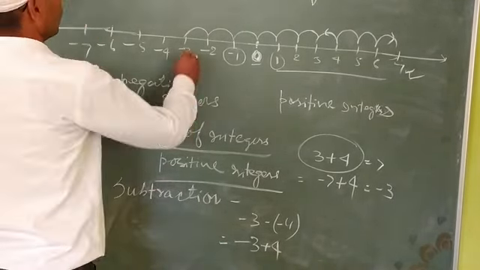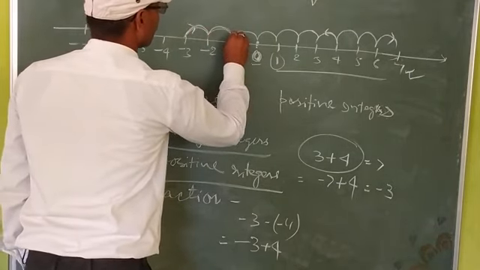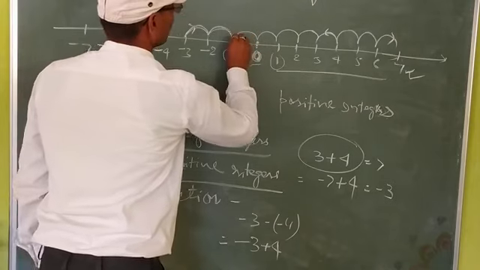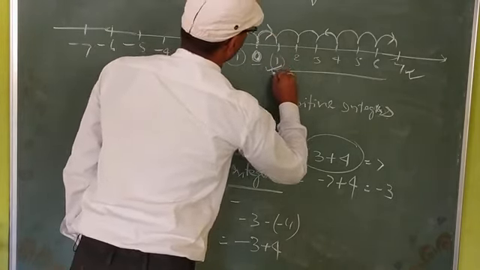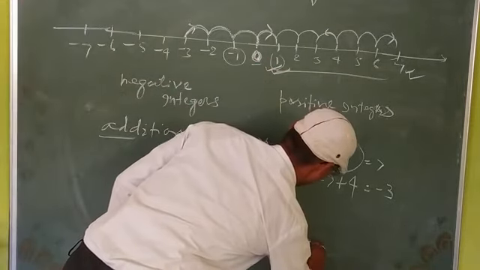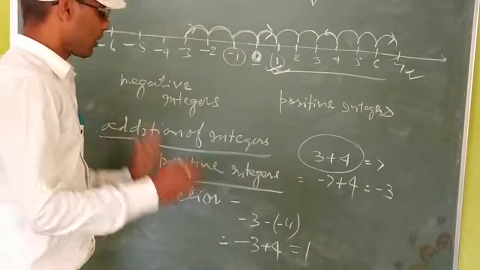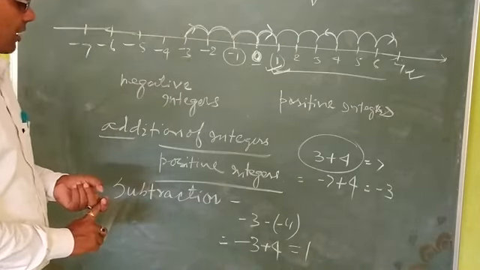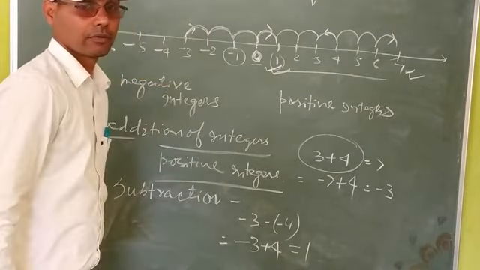Here is -3 now: 1, 2, 3, 4. We came here at 1. What is its result? 1. If we subtract two negative integers, then we have to move towards the right side.